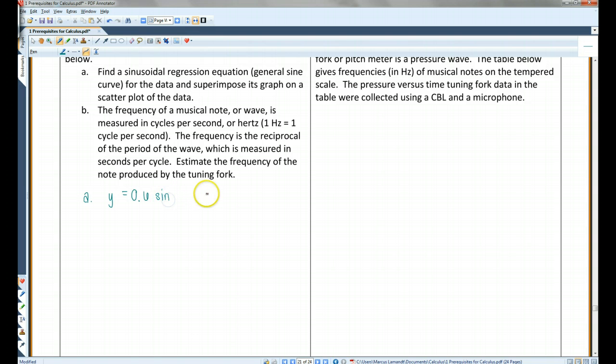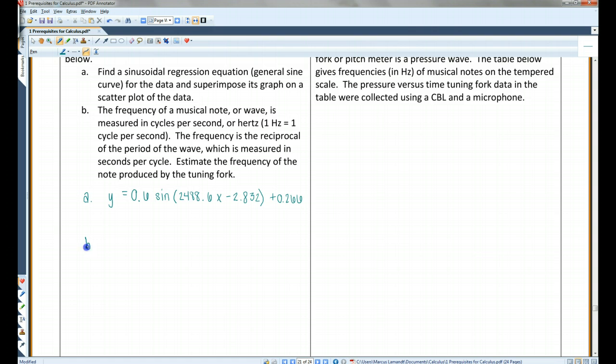If you really feel strongly about doing this problem, let me know in class tomorrow and I will find the table for you, and you can do it on your own. Okay, so that's the equation you would get from the calculator.